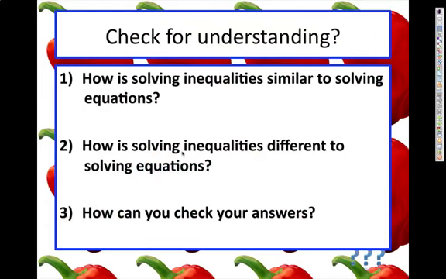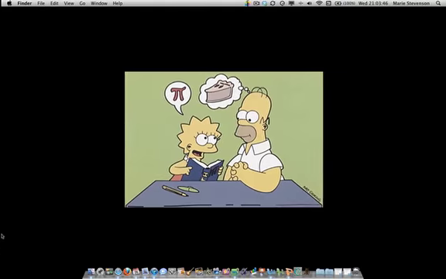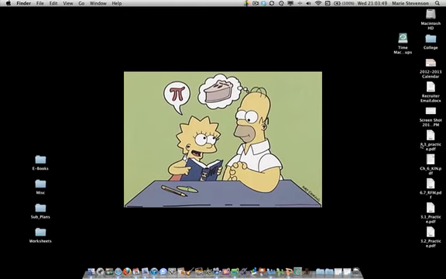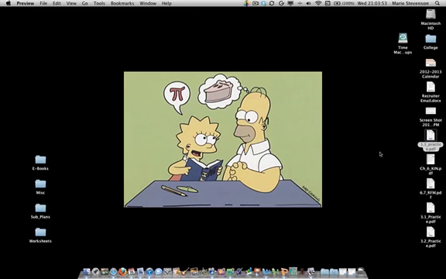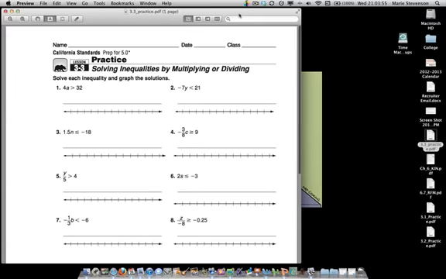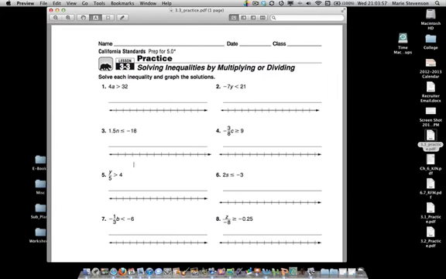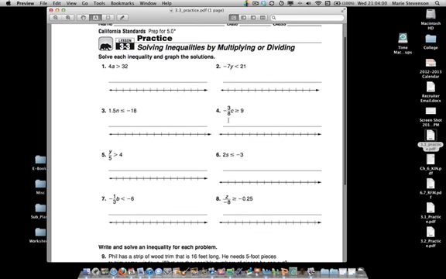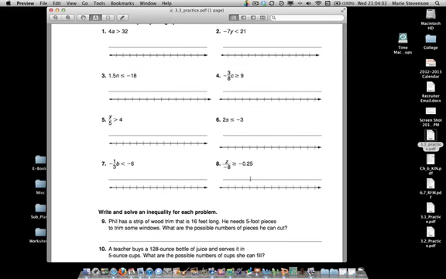Okay? Now, that's it. We're done. So what you're going to do is work on your 3-3 practice. And when you're working on this, notice you have number lines. Notice you do have some fractions in here. You do have a decimal.